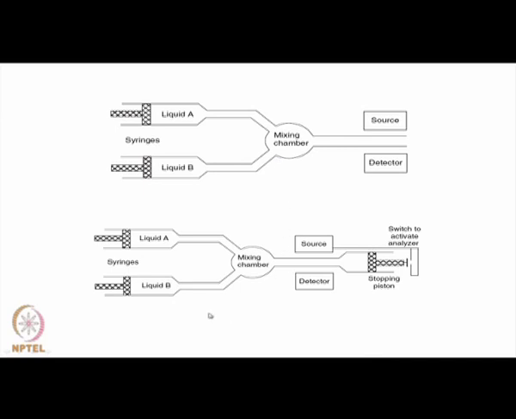So for that there is a modified version of the flow method, that is stopped flow. Here also there are two syringes, there is a mixing chamber and you have got the detector, which detects spectrophotometrically or maybe fluorometrically, and there is a stopping piston and an electrical switch. The moment the stopping piston completes this electrical connection, the source is illuminated and the detector detects the signal.